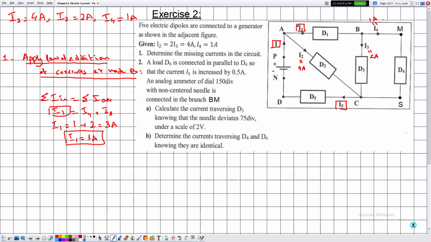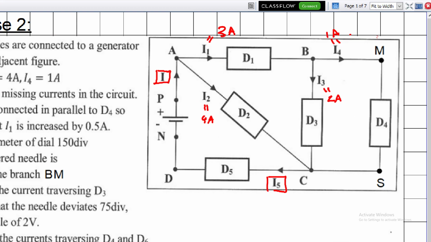Now, as I have said previously, the trick in solving such type of exercises is to label the current on the electric circuit itself. Here we have that the value of I1 is equal to 3 amperes. And indeed, notice that I1 reaches the point B and splits into two currents such that the summation of these currents is equal to the main current or the initial current, which is I1.